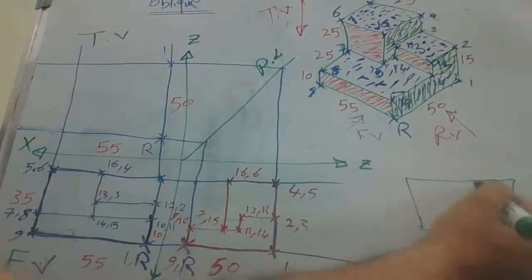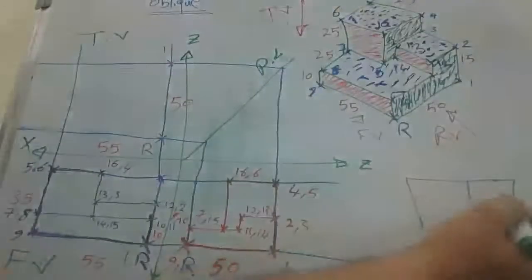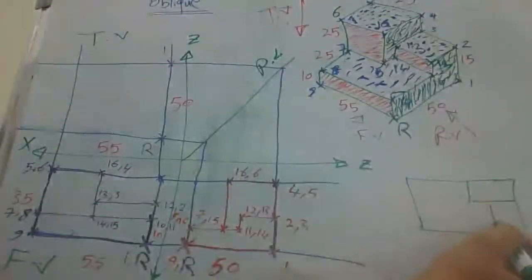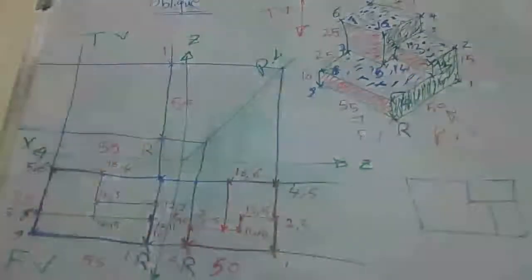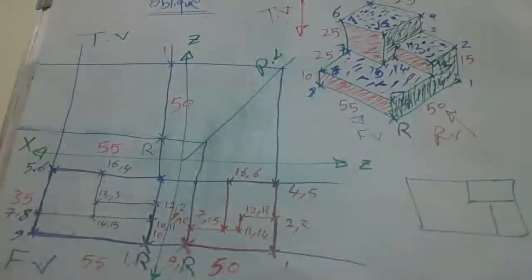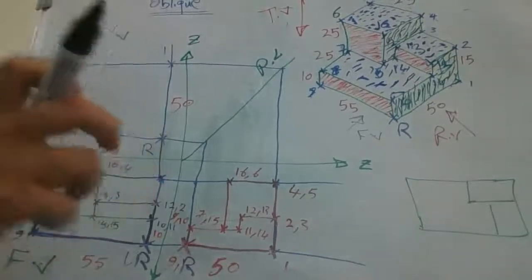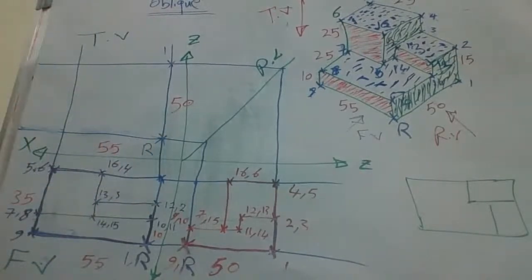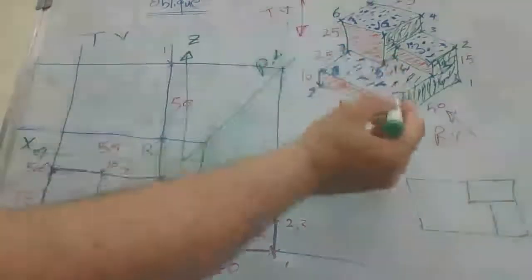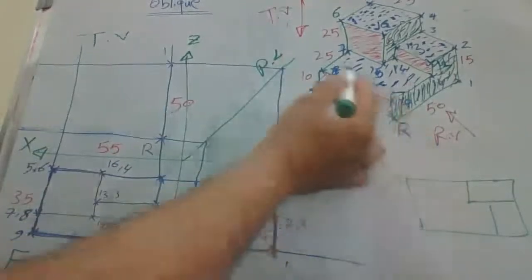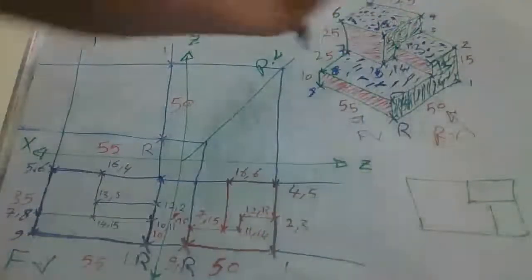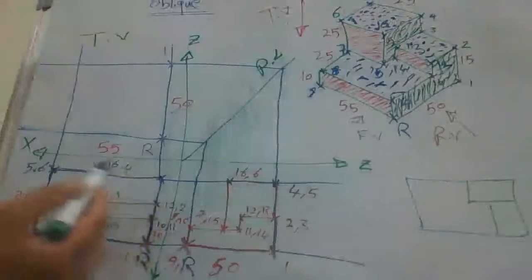This surface is right, but drawn the wrong way. Why? Because there is a shared length between the top view and the front view. What is the shared length? It's 10 and 8.